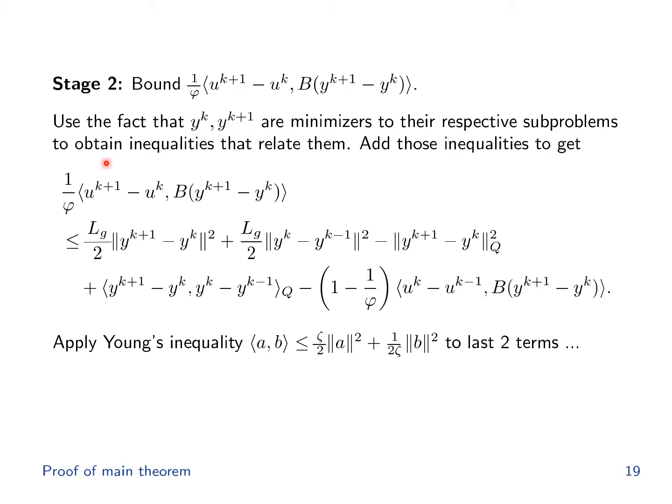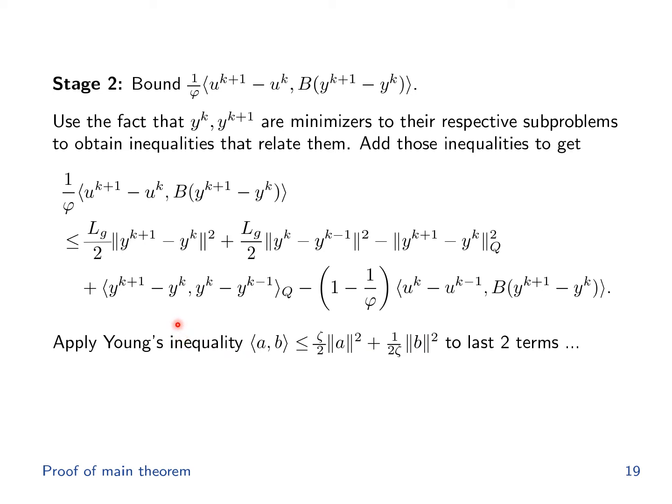And they give 2 inequalities, and add those 2 inequalities, we can obtain this new inequality, where the left-hand side is inner product, and the right-hand side is its bound. And this bound involves 3 quadratic terms, including 1 negative quadratic term, as well as 2 new inner products.